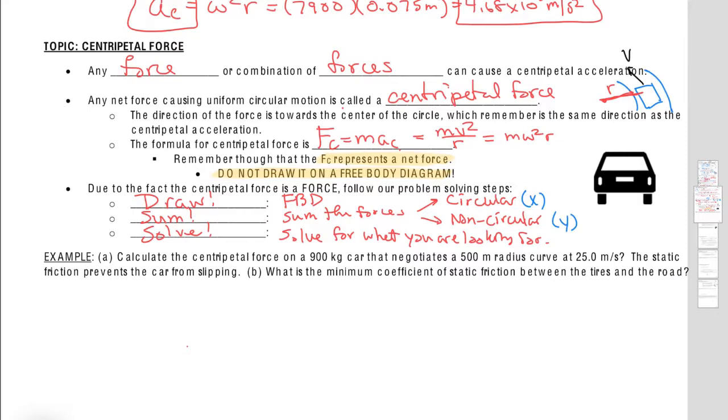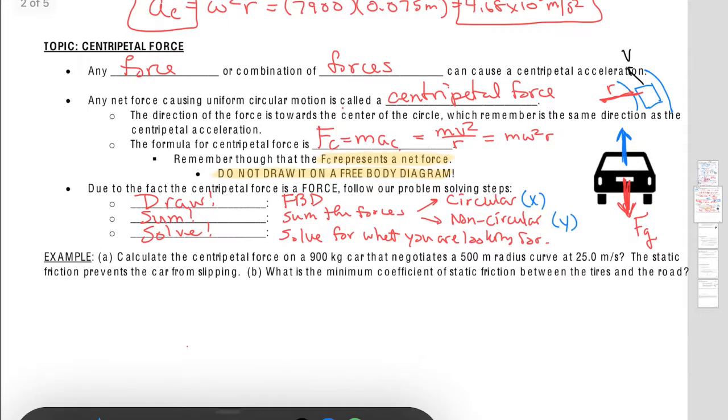That produces the centripetal acceleration. But in actuality, what is causing that centripetal force? So I've got my non-circular forces. Because we're on Earth, we still have the weight, and because of the surface, we still have a normal force.